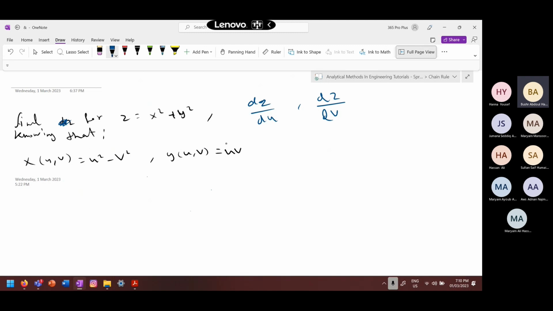There are many methods to find this. The first one, which is called substitution, you just substitute the values in the function, then operate your differentiation, which I don't recommend because it's going to be very long. You can go with chain rule.